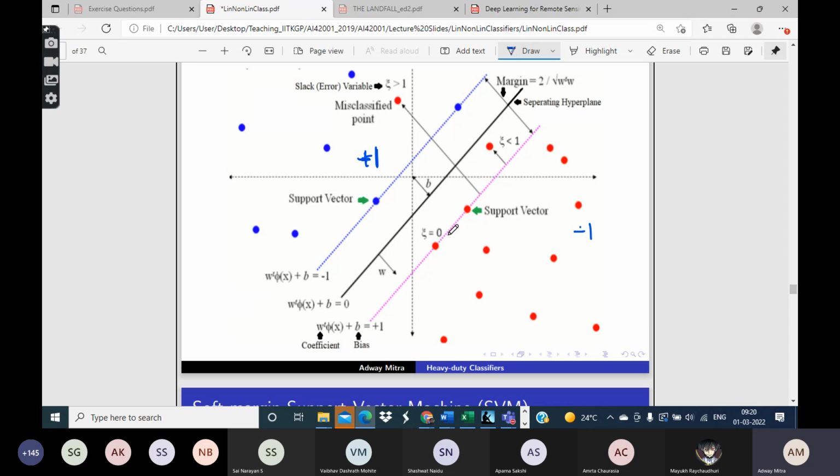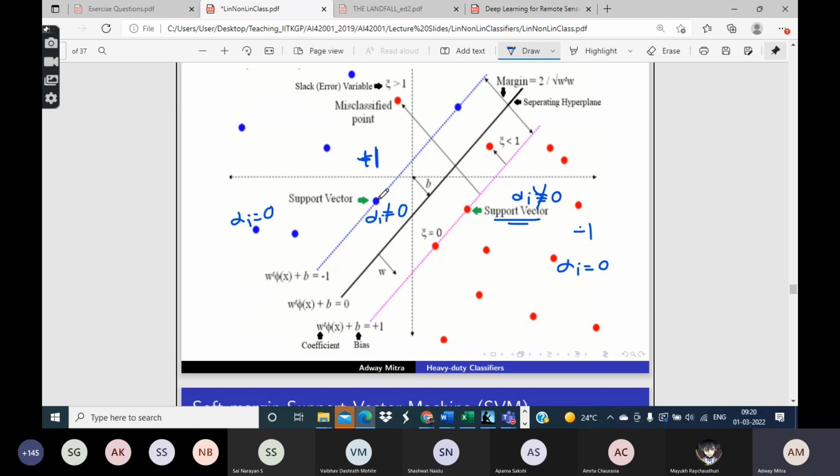It can be shown that it's these points which are the support vectors, the points for which alpha is greater than 0, alpha is not equal to 0. For points like this which are away, alpha is equal to 0. But here alpha is non-zero.